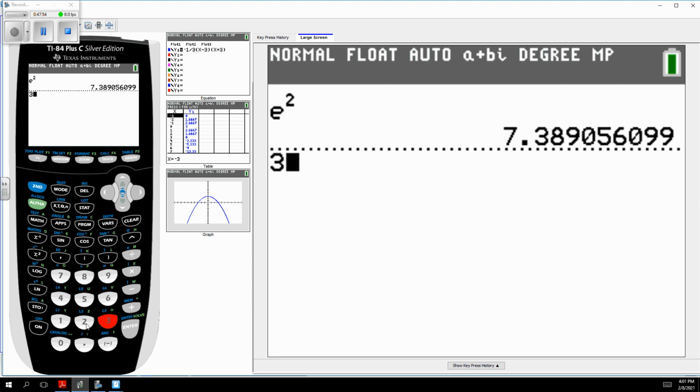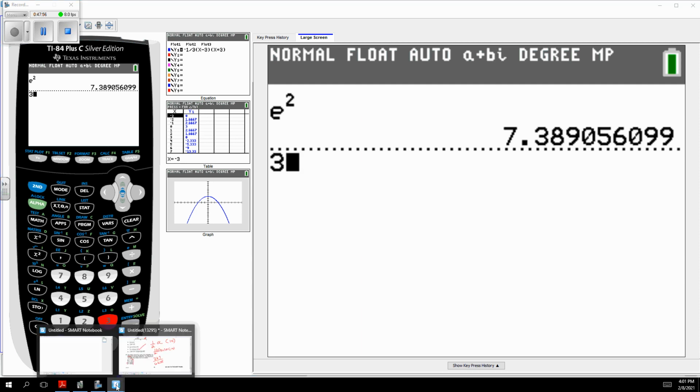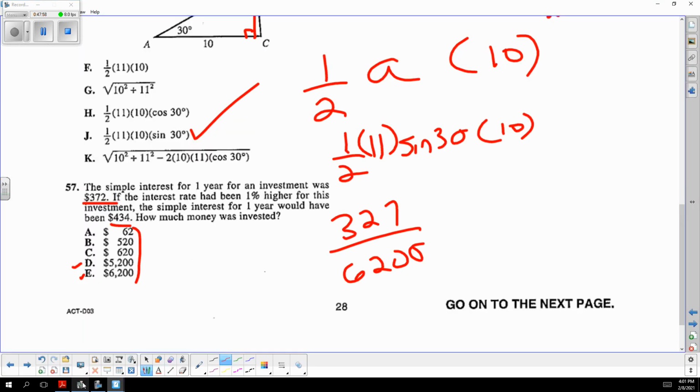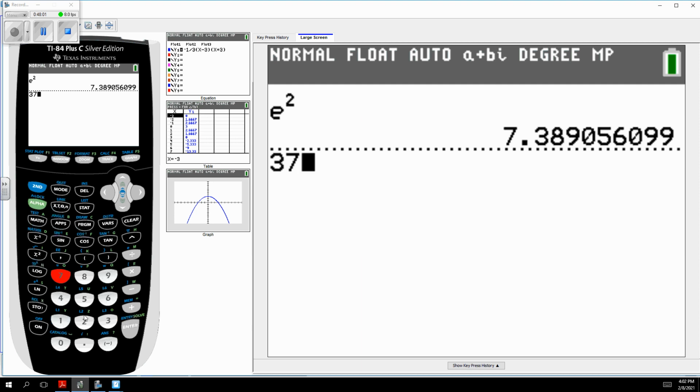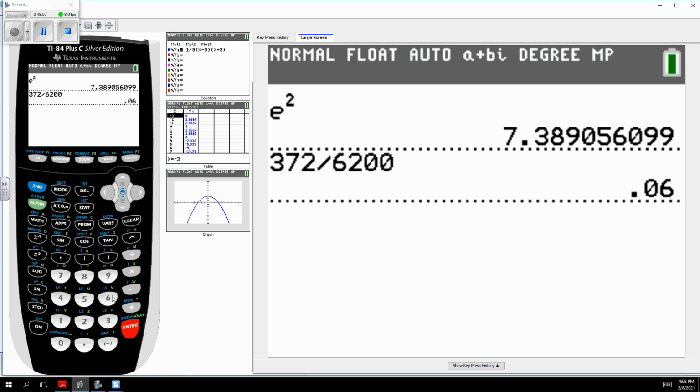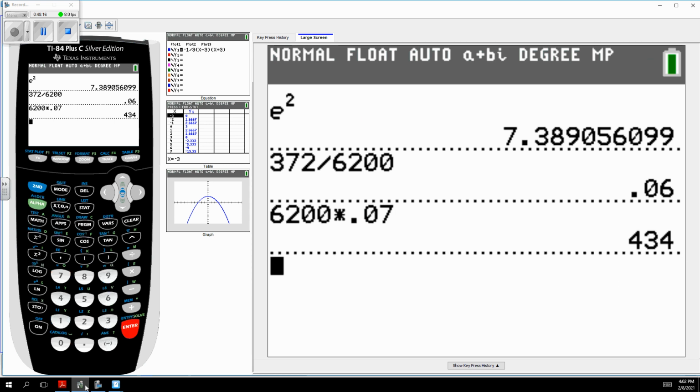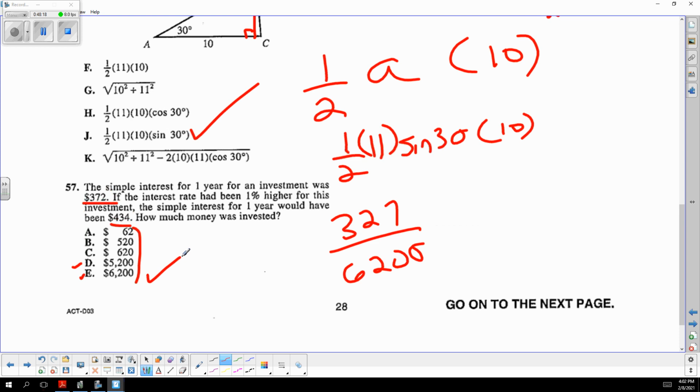So when I took 372 and divided by 6,200, it made a nice percent of 6. So I said, oh, what if the percent was up a percentage? It must be 7, and I got 434. So backwards plug and chug, and the answer is E.